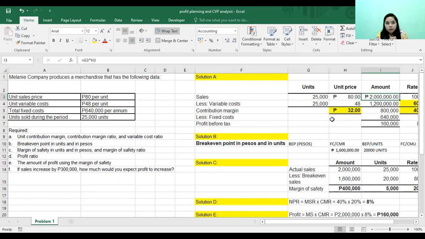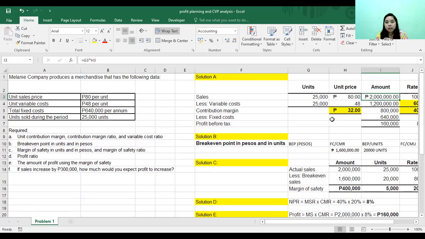So, that's it. We're done with the first problem. I'll make another video for the remaining problems, to get to know the other formulas.